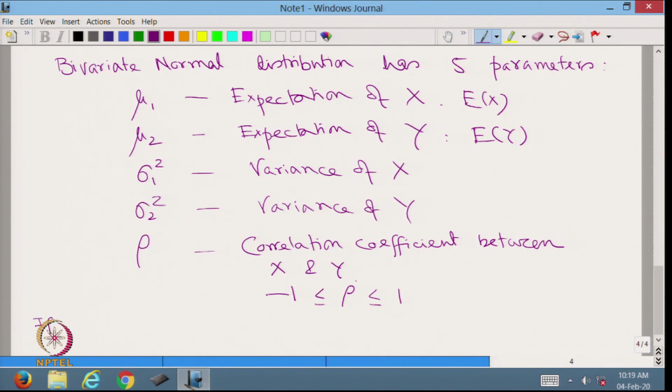If rho is equal to 0, x and y are independent, and mod rho equal to 1 implies x and y are linearly related.